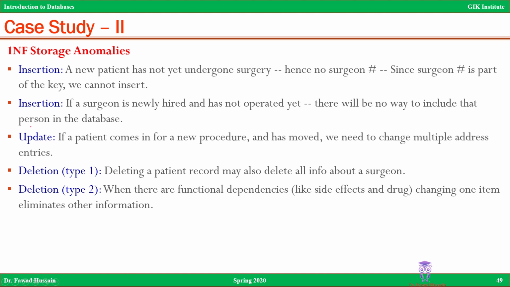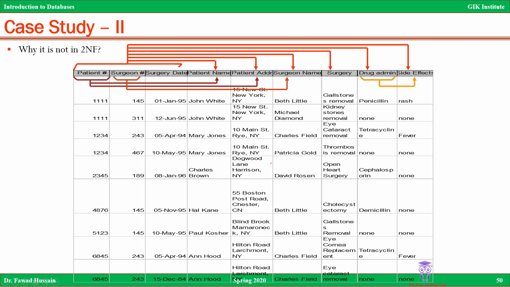So these are the types of anomalies that we will encounter in the first normal form, and therefore to fix that we make a dependency diagram, and we see that the patient name and the patient address are dependent on the patient number, and the surgeon name is dependent on the surgeon number.